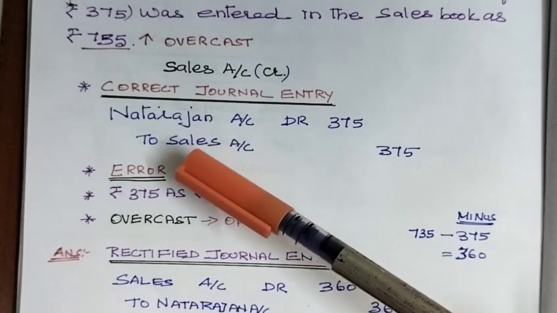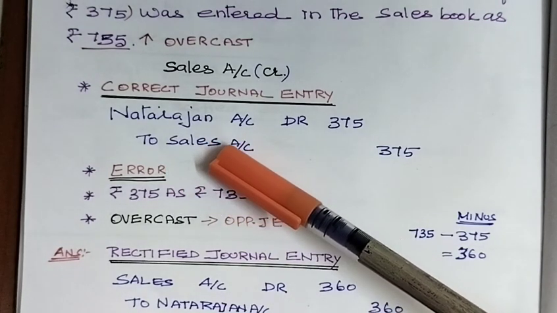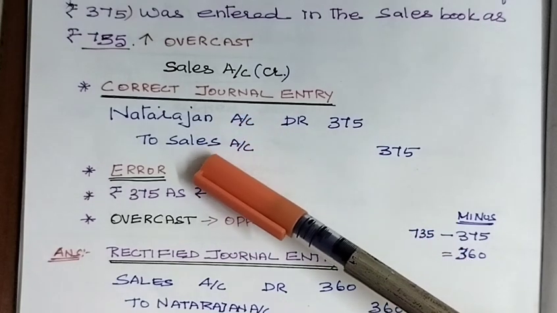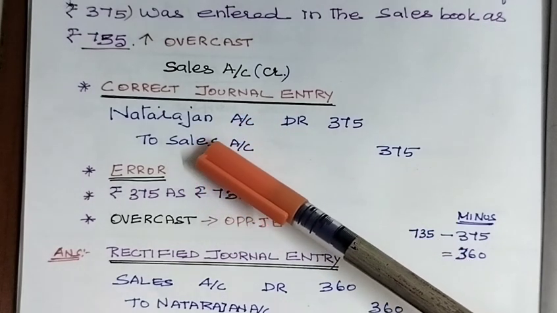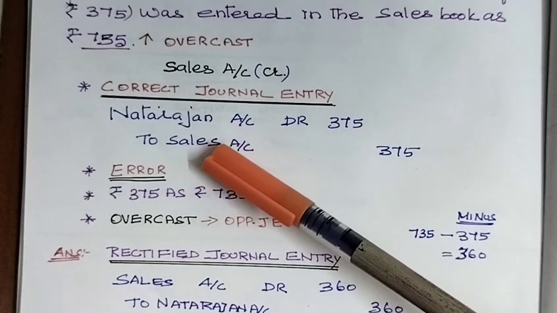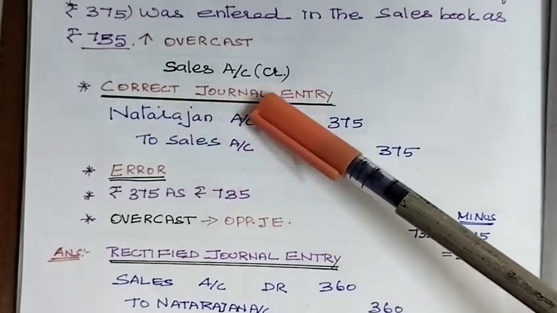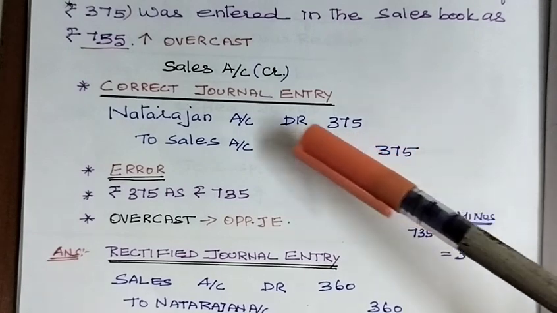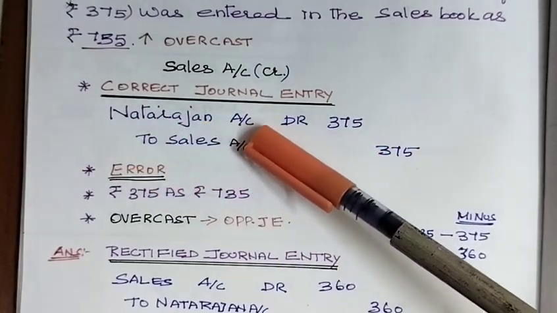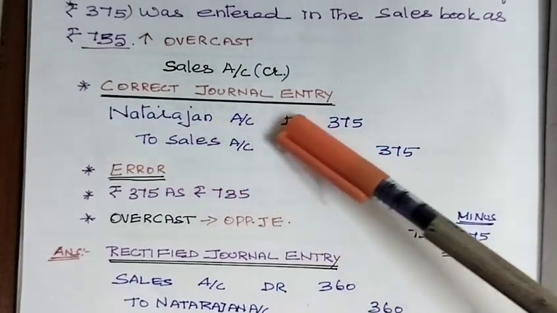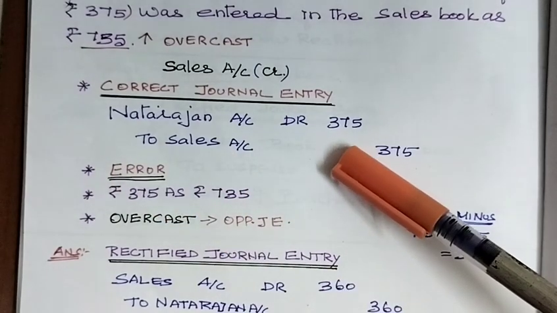When you generate sales, you receive income. When you make credit sales, you have to enter the name of the person on the debit side. So Natarajan account debit to sales account.